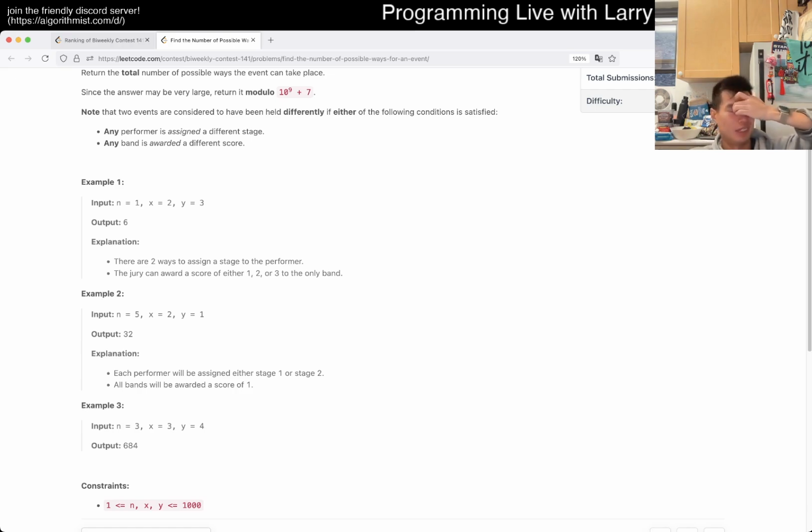How do we ensure each stage has one person to them? Oh, it's 3.